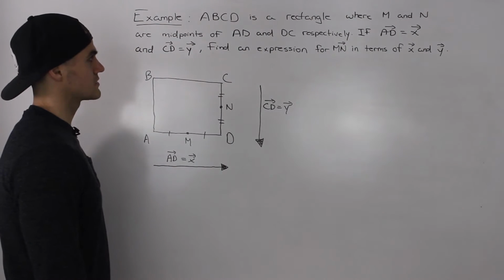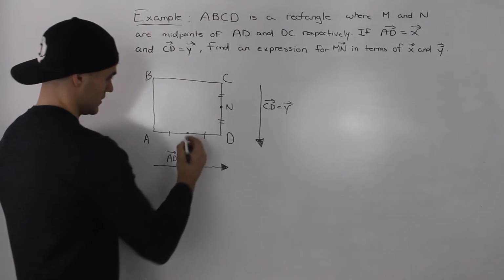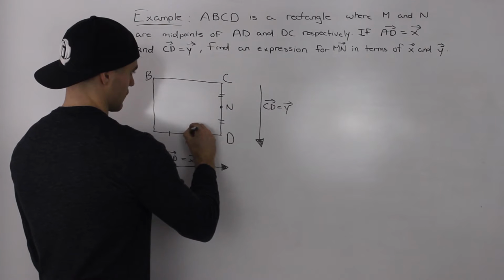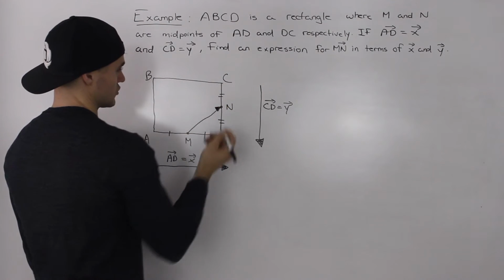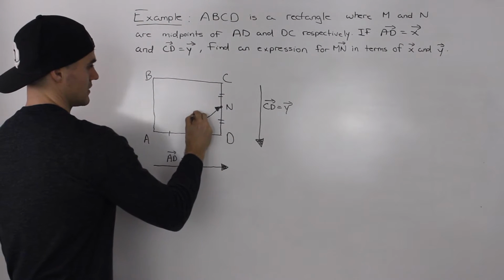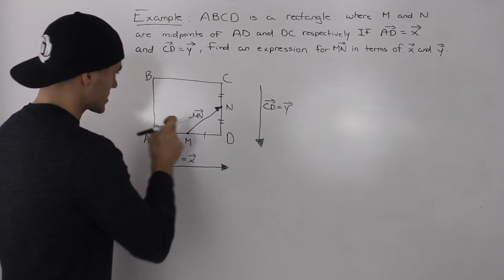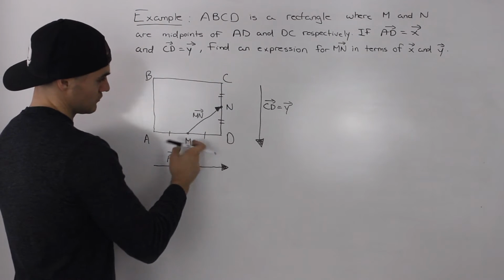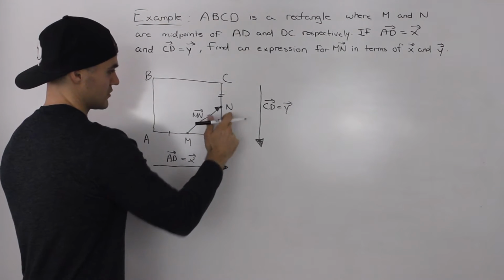Now, what are they asking us for? They're asking for an expression for the vector MN, in other words, an expression in terms of X and Y for this vector. This vector here is vector MN. If you look closely, the vector MN is the resultant of the vector MD plus the vector DN.